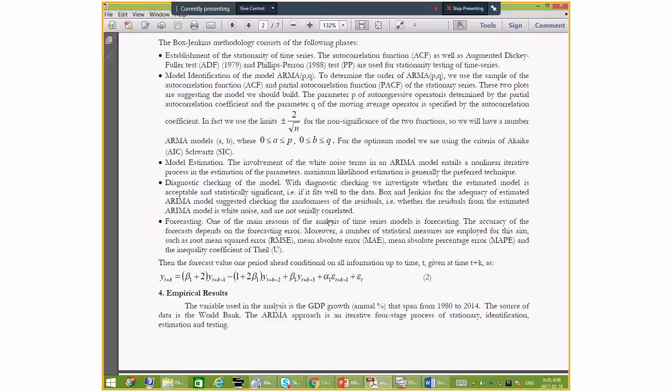Then the next step is diagnostic checking of the model. With diagnostic checking, we investigate whether the estimated model is acceptable or statistically significant, or whether our model fits the data. For the adequacy of the estimated ARIMA model, Box-Jenkins suggested checking the randomness of the residuals.